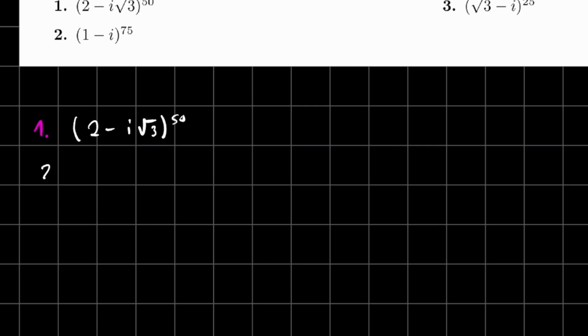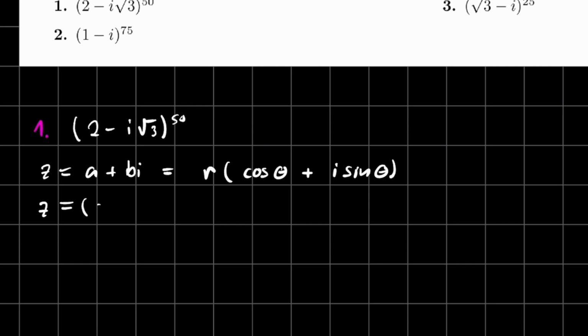Well, we know that z can be equal to a plus bi, right? But that can also be equal to r times cosine of the angle plus i sine of the angle. So what happens if, for example, we have z equals (a plus bi) to the power of k?